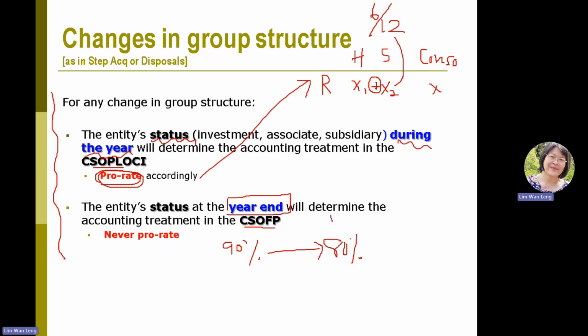After the disposal, which means at year end, this is the status. So, which means that at year end, your NCI is 20%. So if you want to do a shortcut to get what is the NCI figure at year end, you must base it on year end percentage. Okay, that is based on the 20%. Okay, later you will see some scenarios like this when you run through the tutorials or whatsoever. Okay, so status at year end will determine how to treat those investees.